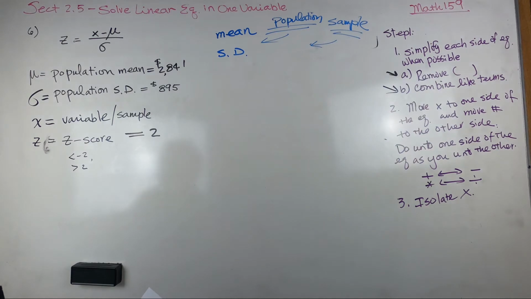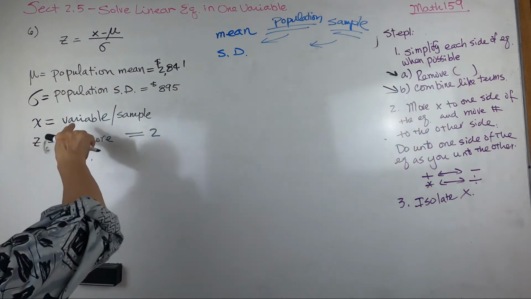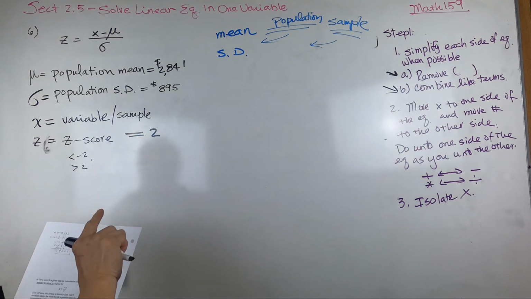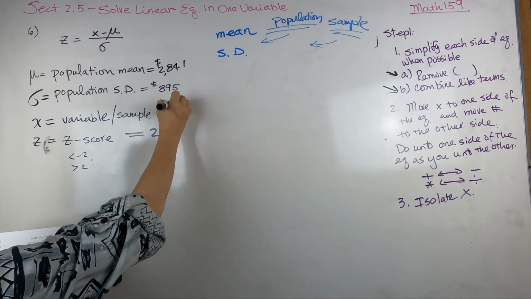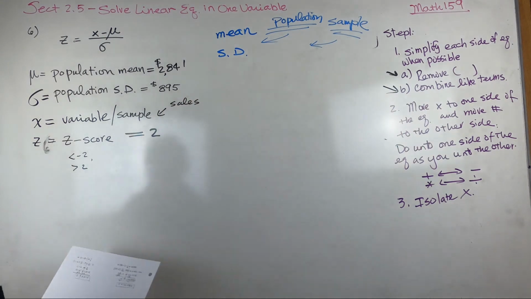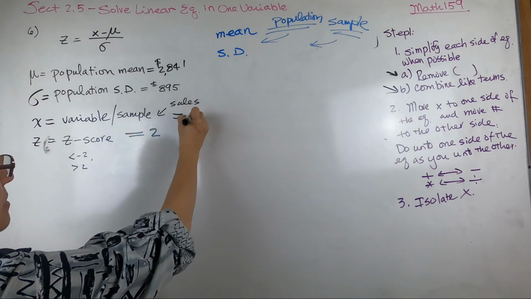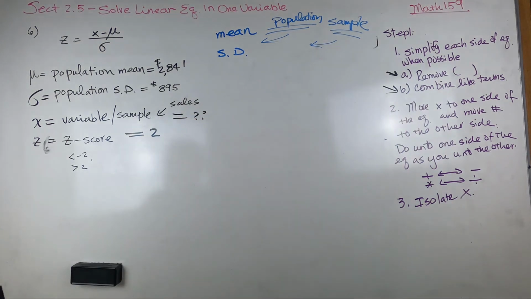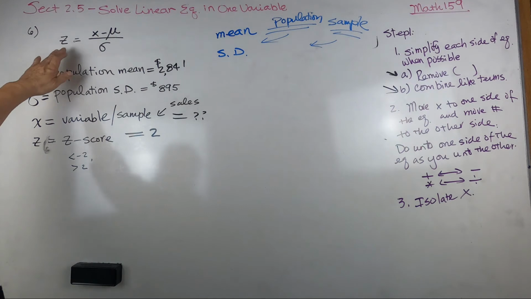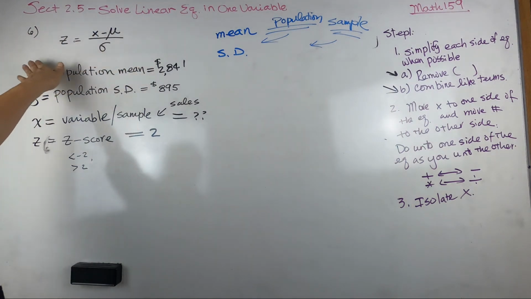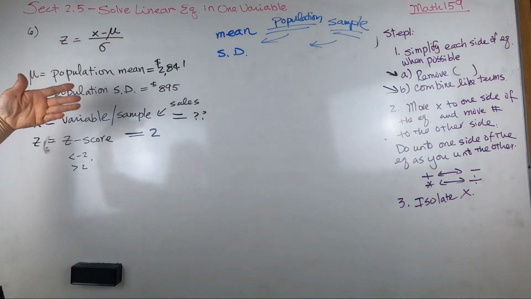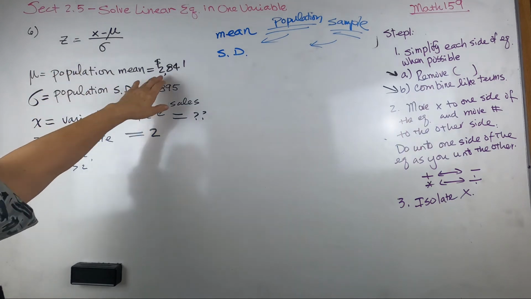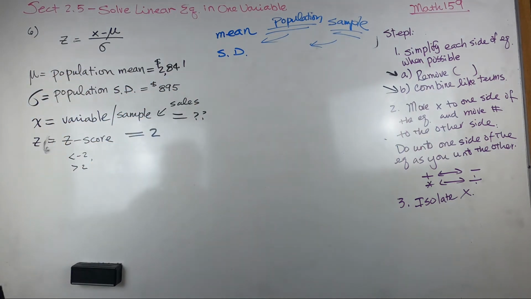Then it says how many sales must be made. The variable x is your sales. That's the number we want to find. That was the question. If I give you z as a formula like this, then we have some values given to you. Say, in general, my average sale is 2,841.